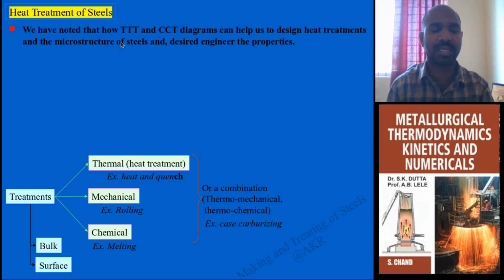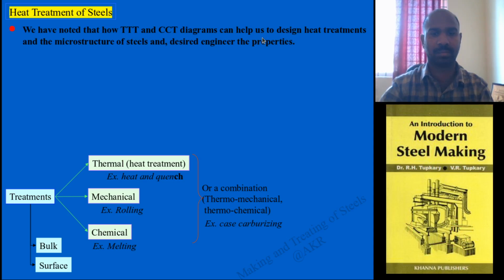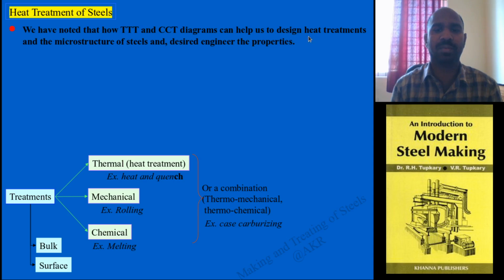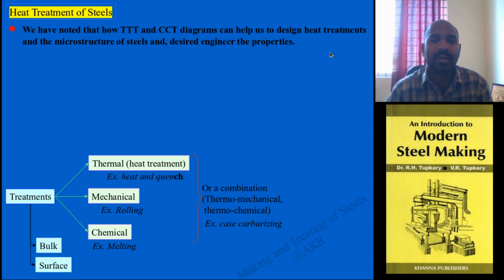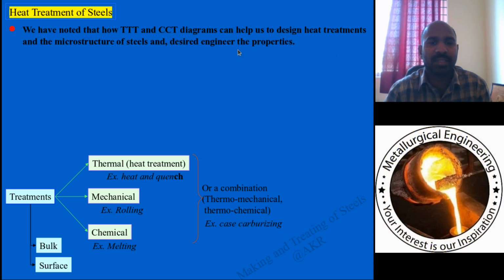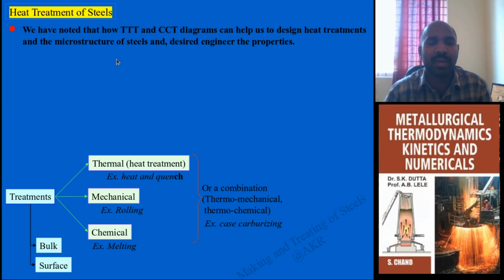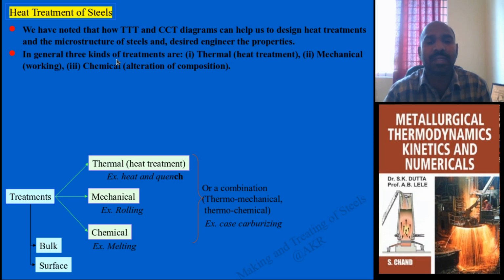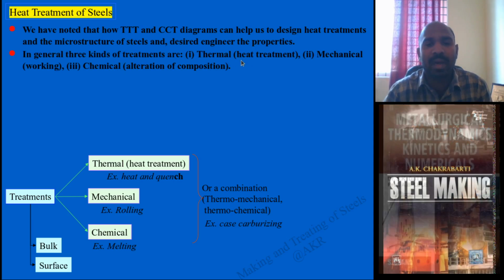As we have noticed, TTT and CCT diagrams help us in designing the heat treatment process, obtaining microstructures such as pearlite and martensite, and bringing suitable engineering application properties. That is why these are useful. Heat treatment processes are divided into three categories.